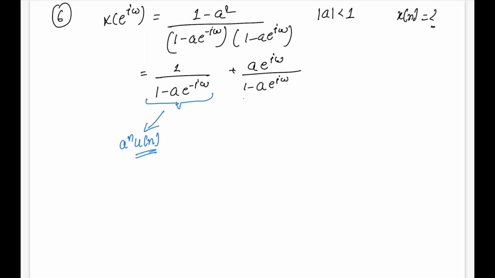And regarding this, the Fourier transform of e^{jω} upon 1 minus a e^{jω} is a to the power minus n minus 1, u of minus n minus 1.